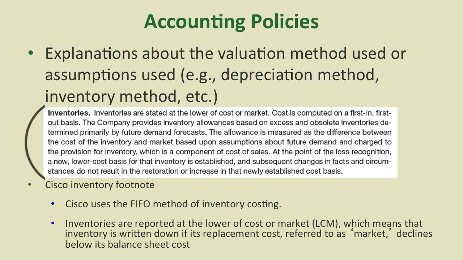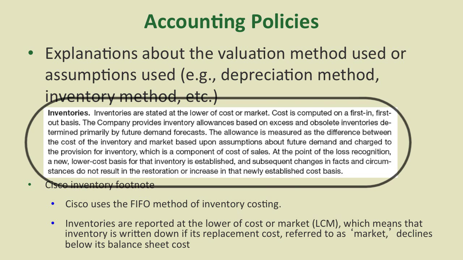In this footnote, Cisco provided the following 2 pieces of information. First of all, they use FIFO to evaluate their inventory to calculate the cost of goods sold. And secondly, the ending inventory is stated at the lower of cost or market, which means that inventory is written down if its replacement cost, referred to as the market, declines below its balance sheet cost.